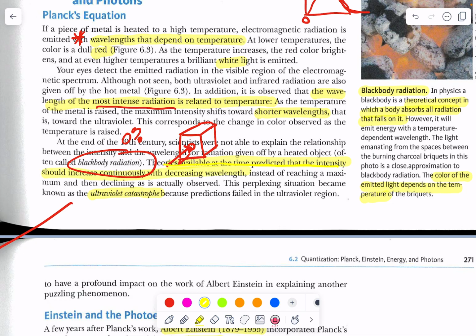So if we made our graph, and this was intensity, brightness of the light, and here was our wavelength. Let's go with red.